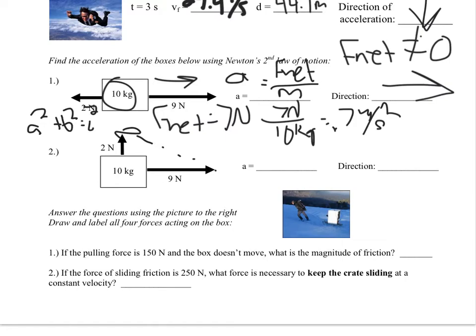So therefore, the square root of a squared plus b squared is equal to c.